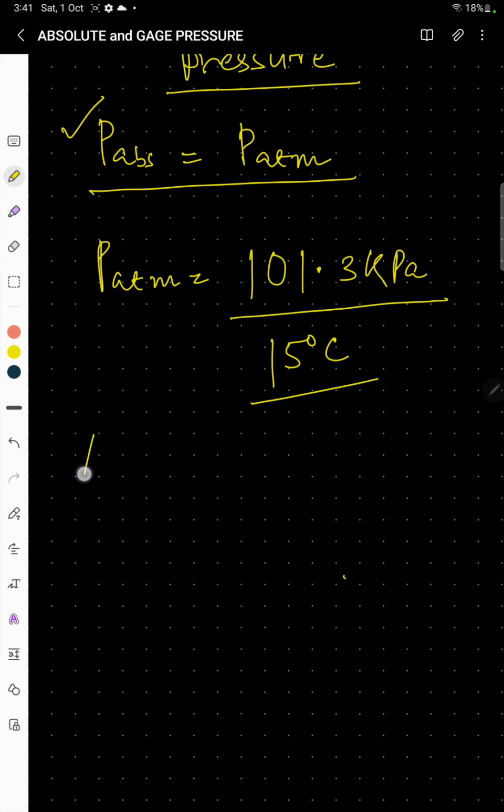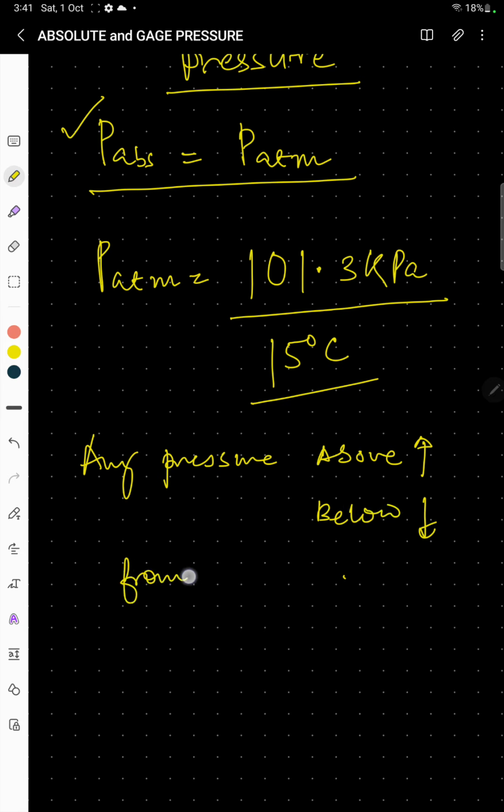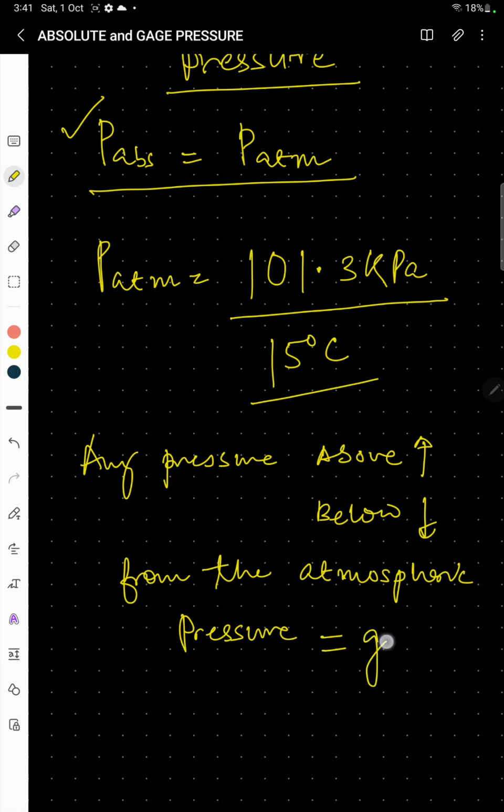Okay, any pressure above or below, you measure from the atmospheric pressure, will be called gauge pressure. That is your gauge pressure.